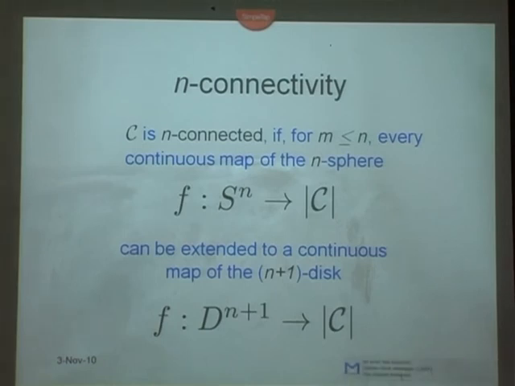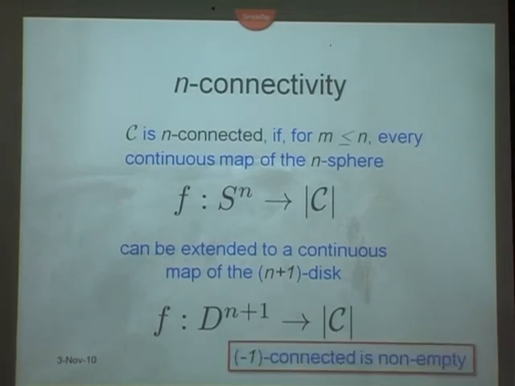It turns out this notion of connectivity in higher dimensions is exactly what you need to understand k-set agreement in the general case. As an aside, we'll say minus-1-connected means non-empty. We'll have lots of formulas where we talk about connectivity, and we'll say that something is minus-1-connected when we say it's non-empty.